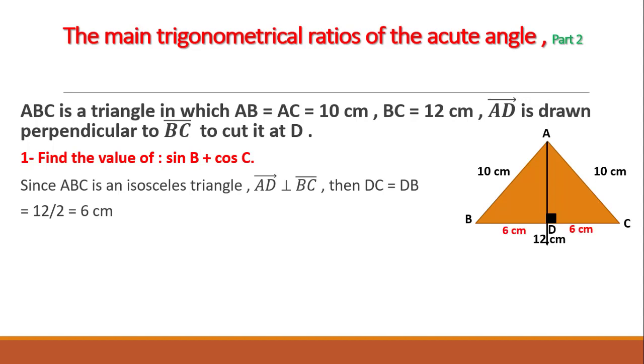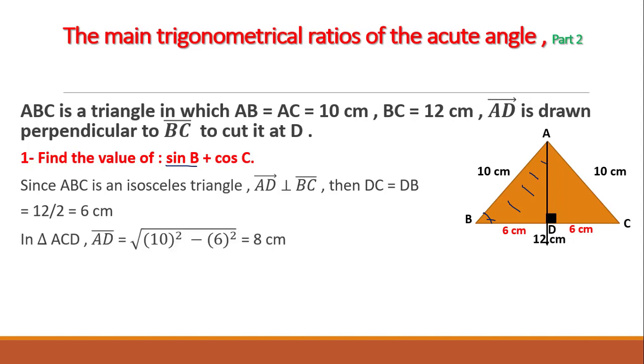Now I can calculate sine B. It's very easy. I need only this side AD. It's very easy to get this side in triangle ABC. This is a right angle triangle. I need one side and I have two, so I'll use Pythagoras. AD will be the square root of 10 squared minus 6 squared.